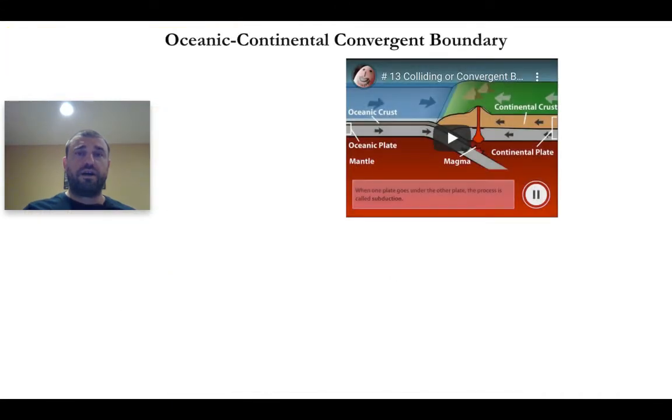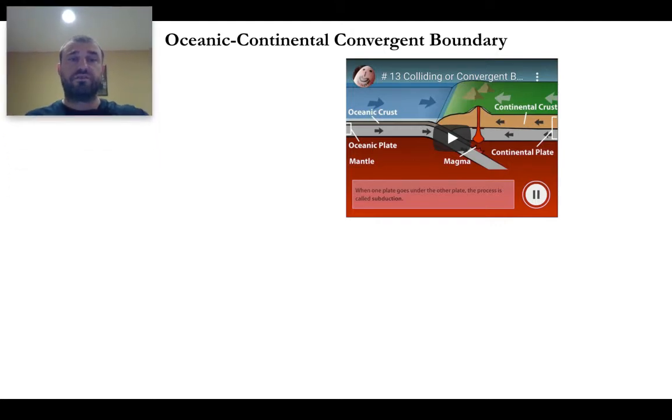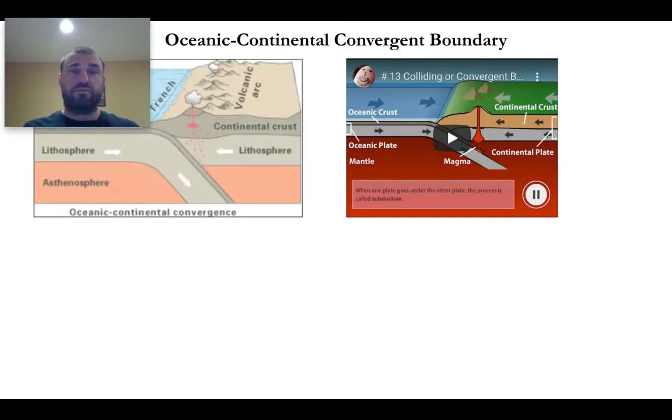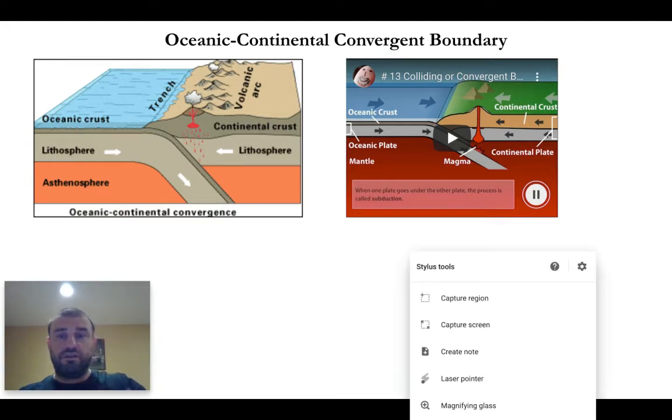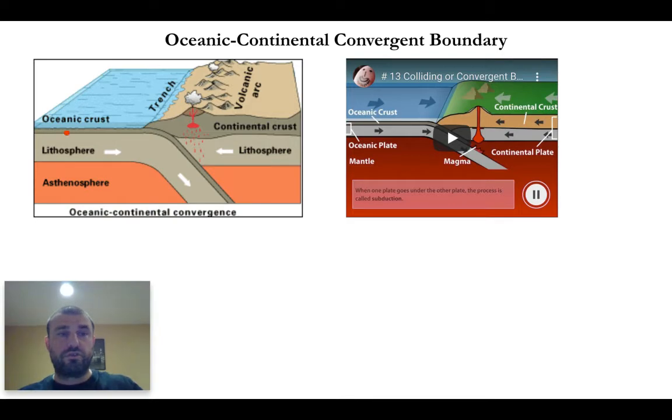All right, the other kind of convergent boundary is if the ocean collides with the continent. And this is what's happening off the west coast of South America, forming the Andes. So the picture on the left here is showing the ocean crust.